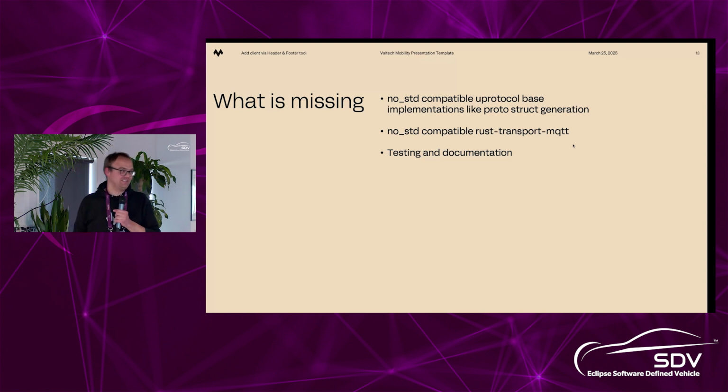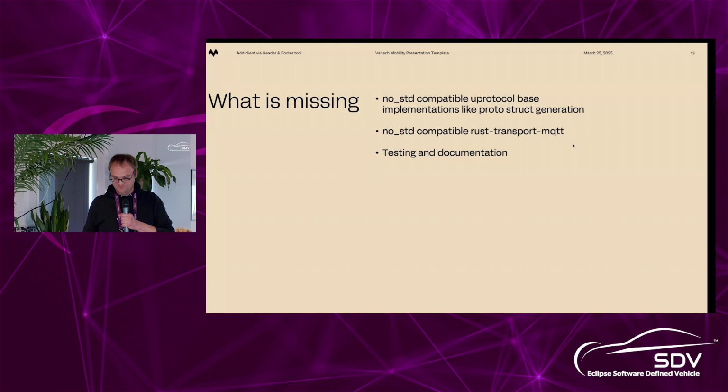It's like a 20 seconds turnaround time, which is okay. But normally you should be able to actually write unit tests for that, which is a little bit tricky in this no_std environment because the standard Rust test needs the standard library. But okay, and there needs to be some documentation written. So basically it's not in a production ready state.